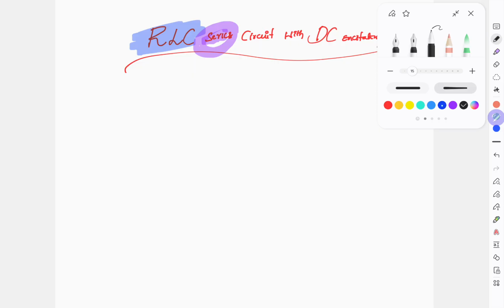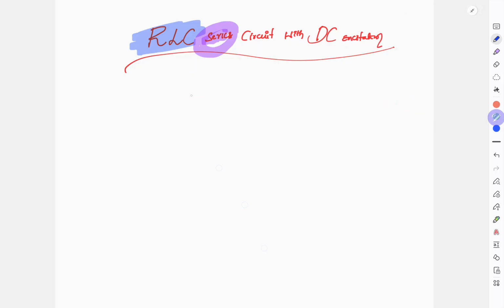Let me first draw that one. Resistor in series with inductor in series with capacitor. If we connect a switch here, we are giving a DC excitation, the DC voltage, at t equals 0 switch.